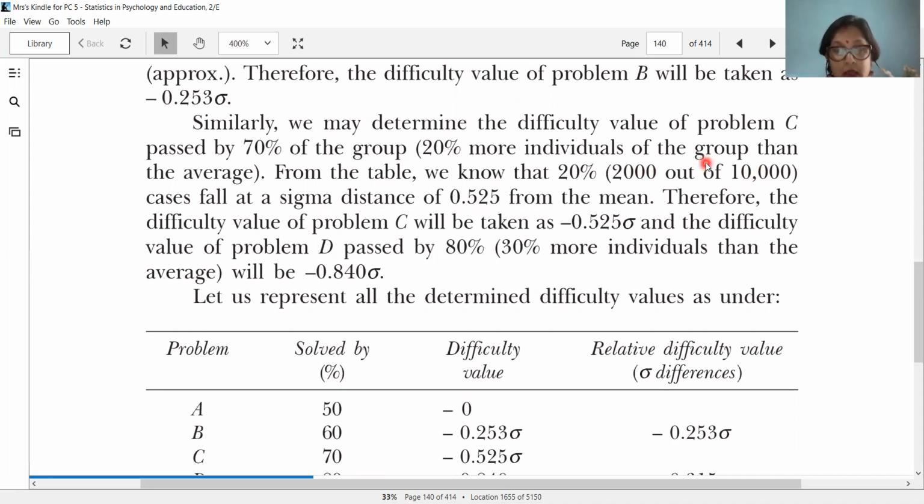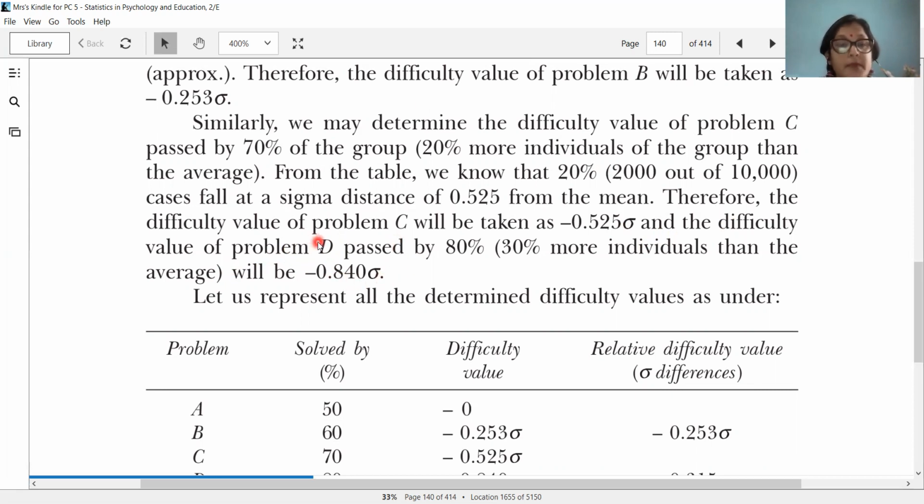By interpolating the exact location, we find the sigma value as 0.525. As it will be on the left side of the mean, the difficulty value for problem C is minus 0.525 sigma. And likewise, the difficulty value for problem D will be minus 0.840 sigma.